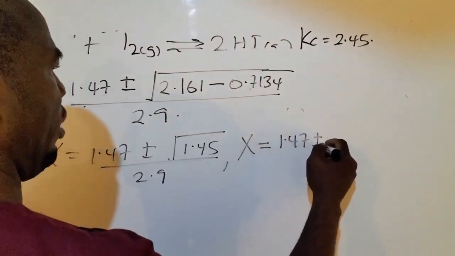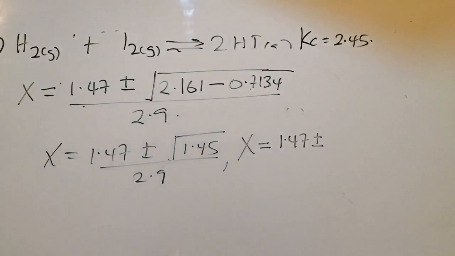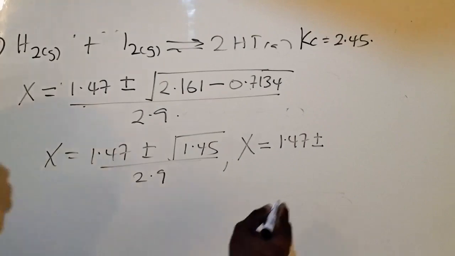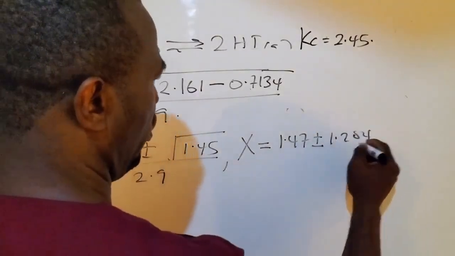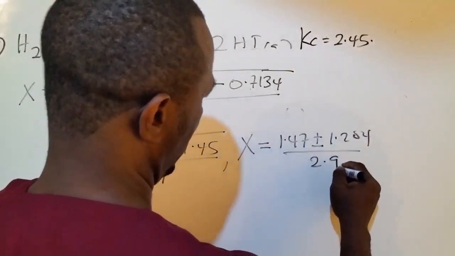Find the square root of this number. The square root of 1.45 will give us 1.204. So 1.204, all over 2.9.